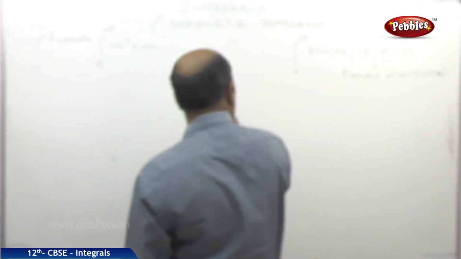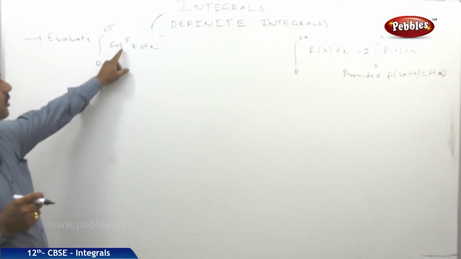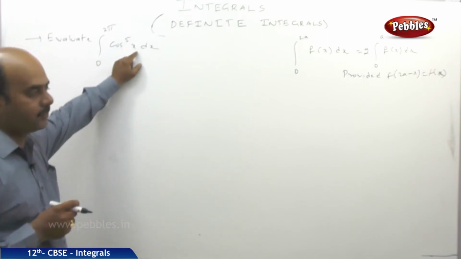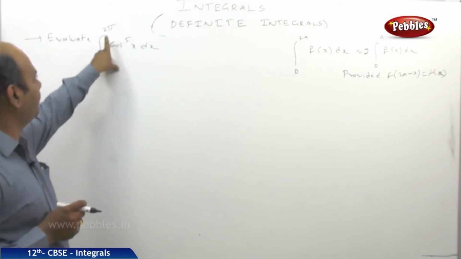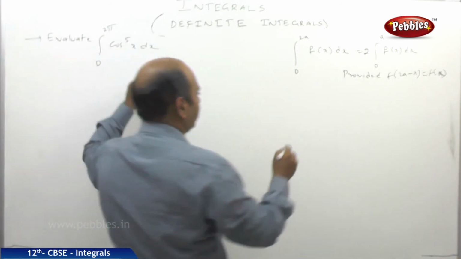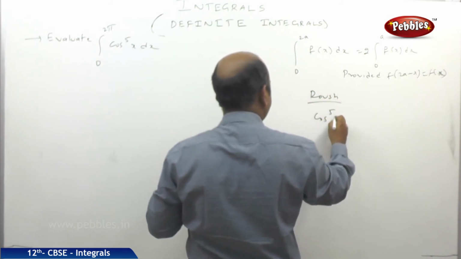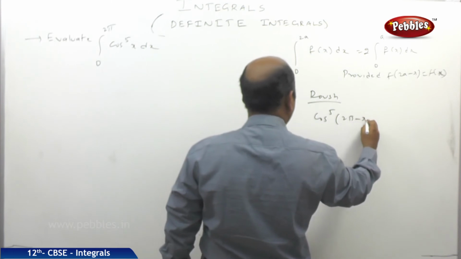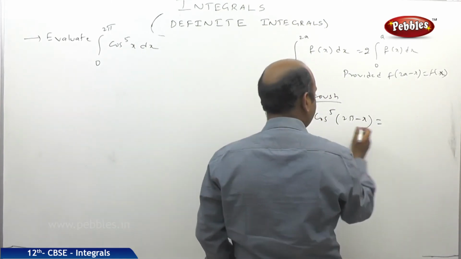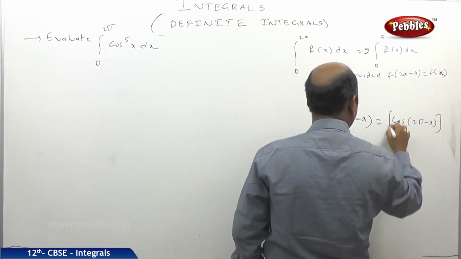Now if you observe carefully, here our function is cos power 5x. That means 2a means here 2 pi. If I substitute, roughly, in place of x, 2a minus x, which means here 2 pi minus x, that means cos of (2 pi minus x) whole power 5.